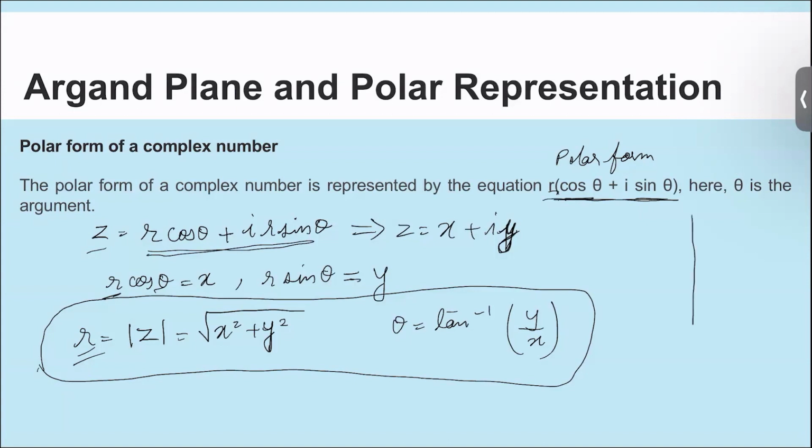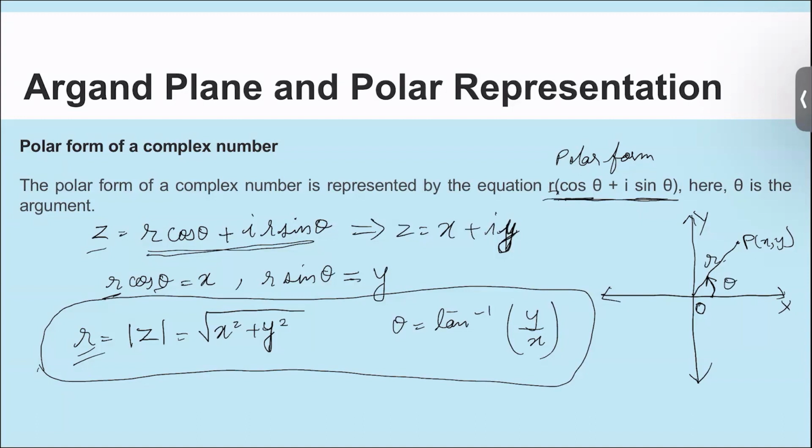When you plot it in the Argand plane, this is your P(x, y), your complex number. This is x and this is y. The distance OP is your r, and the angle measured from the real axis in the anti-clockwise direction towards the complex number is theta.